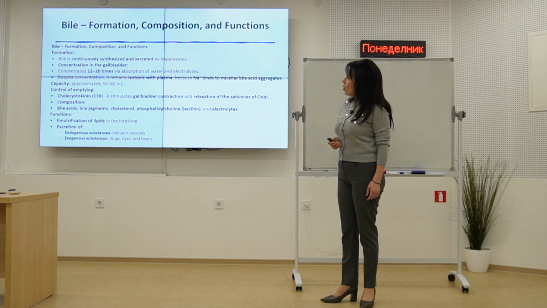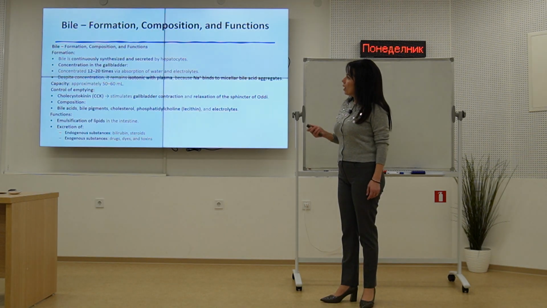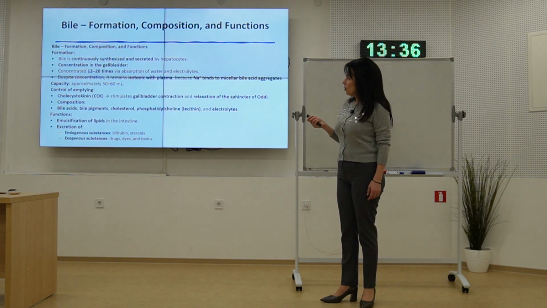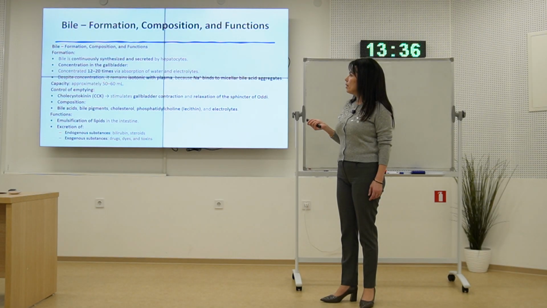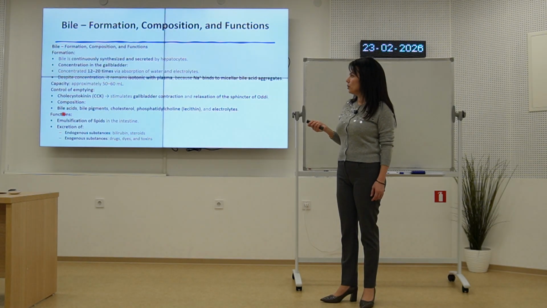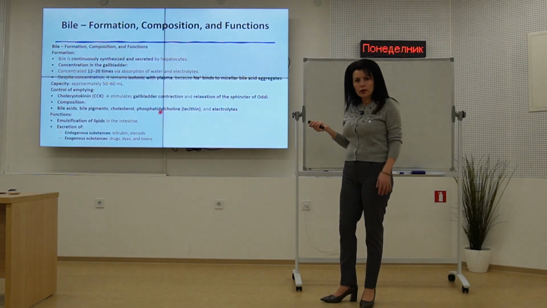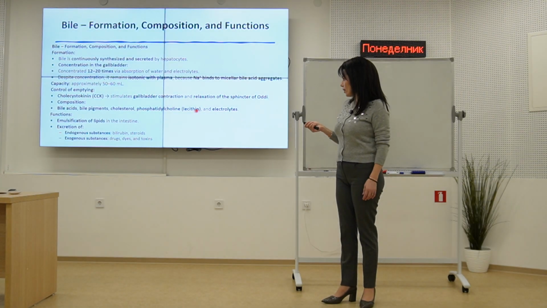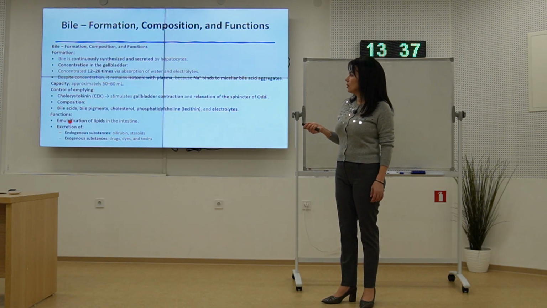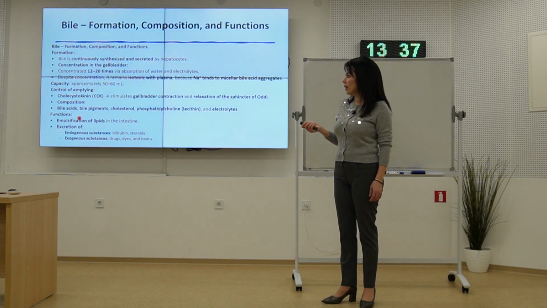What is this bile? As I said before, for the bile we need many compounds. The composition is bile acid, bile pigment, cholesterol, phosphatidylcholine, which is one of the phospholipids, or lecithin, and electrolytes. And the first function is, as we said, emulsification of lipids.